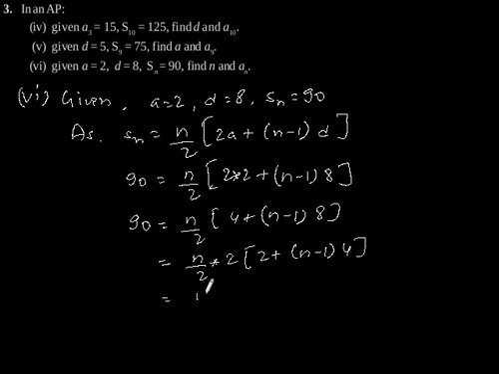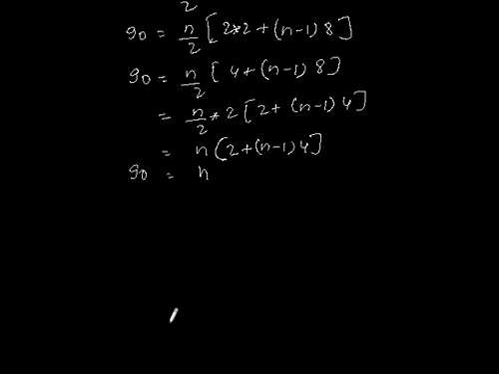This gives n into 2 plus n minus 1 into 4, bracket close, or we can say 90 is equal to n into 2 plus 4n minus 4.